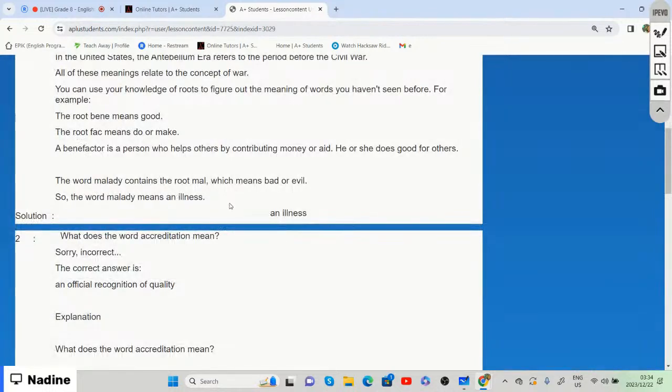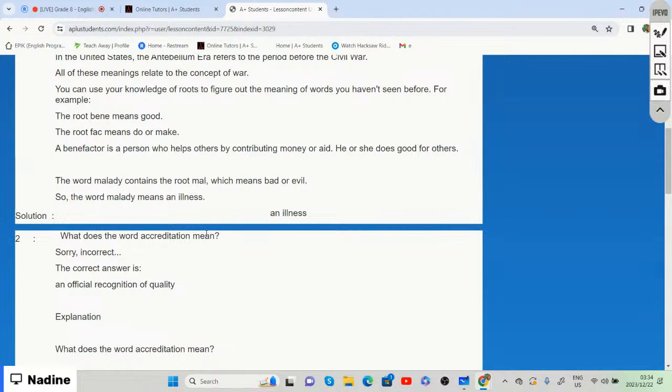So what does the word accreditation mean? Firstly, cred means to trust or believe.